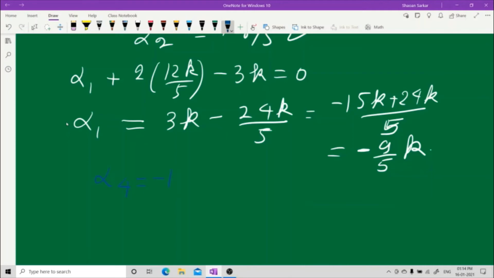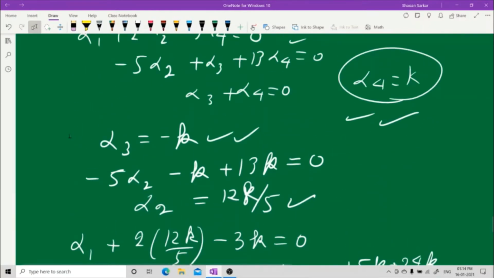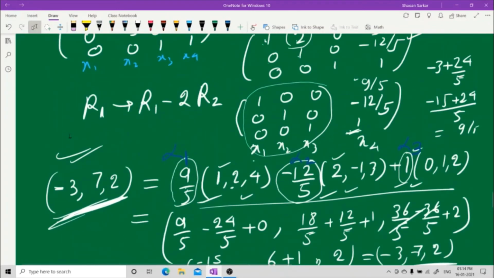If alpha 4 is minus 1, then only alpha 1 will be 9 by 5, right? Then alpha 2 will be minus 12 by 5, and you can see alpha 2 is 12 by 5.